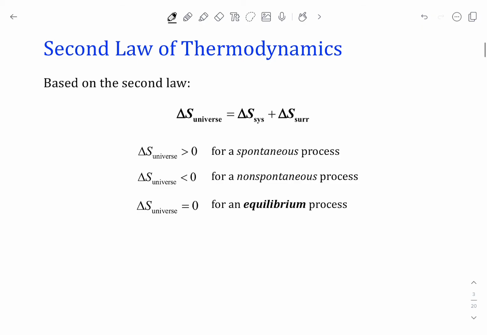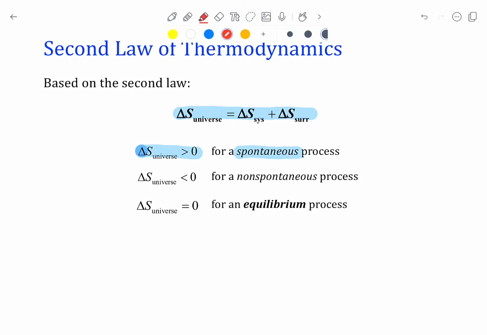So let's look at that in table form. Based on the second law of thermodynamics, the delta S, the change in the entropy of the universe, is equal to the change in the entropy of the system plus the change in the entropy of the surroundings. If the delta S of the universe is positive or greater than 0, then this will be a spontaneous process.